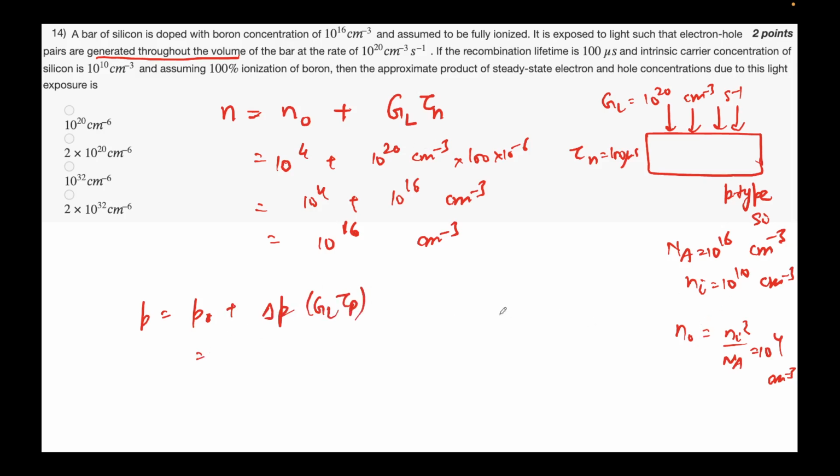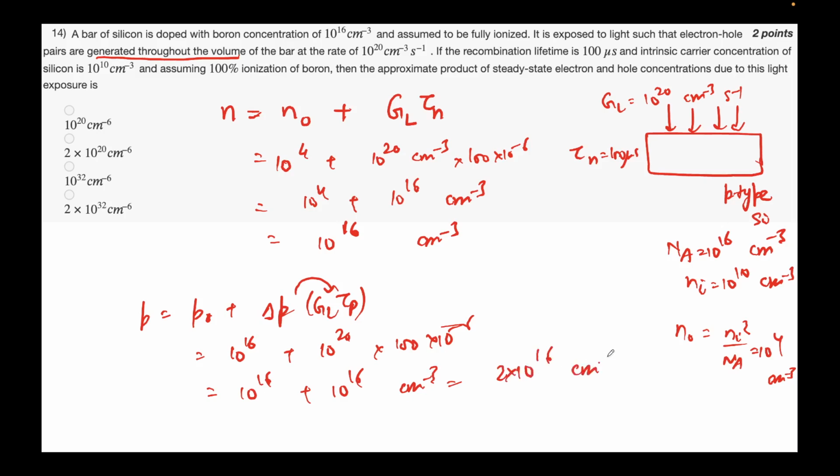The background concentration p naught is 10 to the power 16, we know that, and this term will again turn out to be 10 to the power 20 into 100 into 10 to the power minus 6. It will turn out to be 10 to the power 16 plus 10 to the power 16 cm minus 3, which is 2 into 10 to the power 16 cm minus 3. So the concentration of electrons is 10 to the power 16, and of holes is 2 into 10 to the power 16.